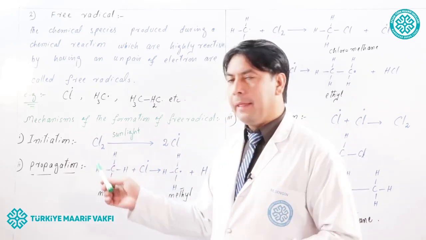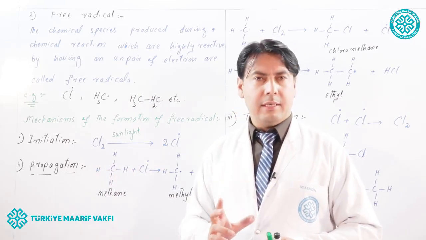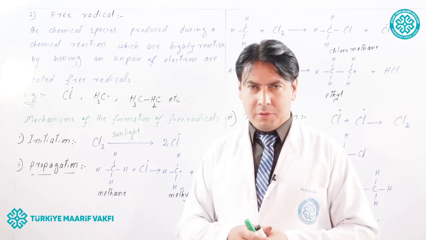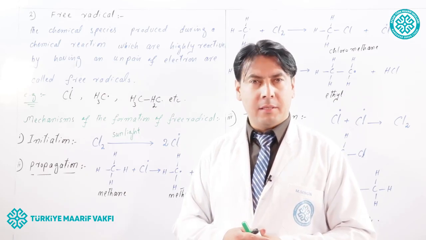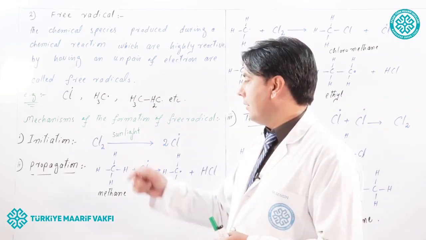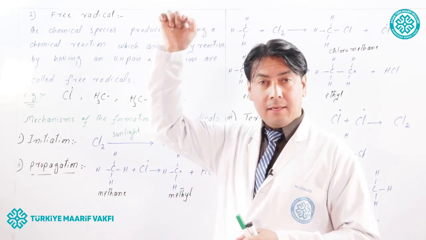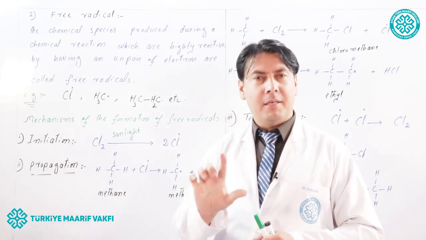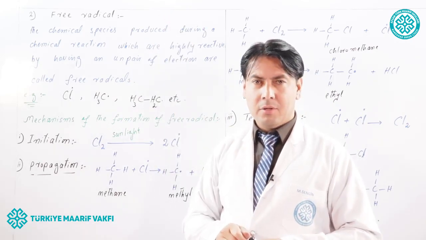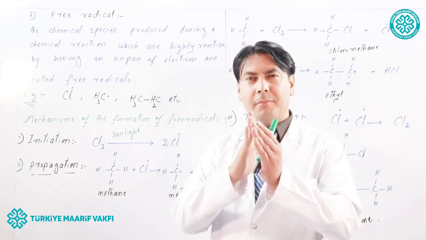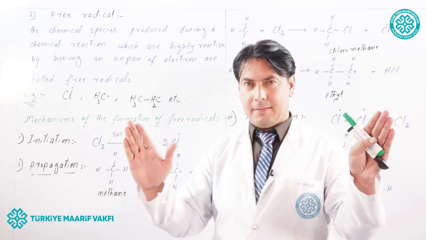So, look here, the chlorine molecule is a stable molecule which cannot participate in a chemical reaction, but when sunlight falls upon the chlorine molecule, the 2 chlorine atoms become separated.